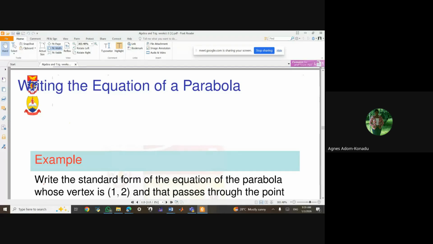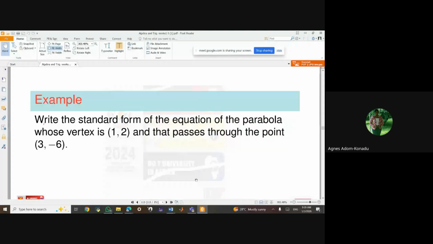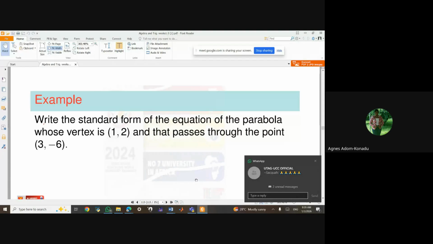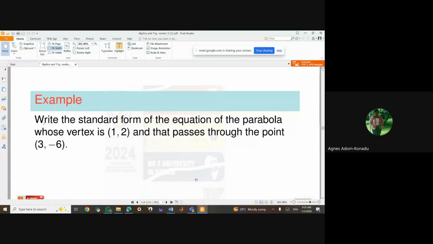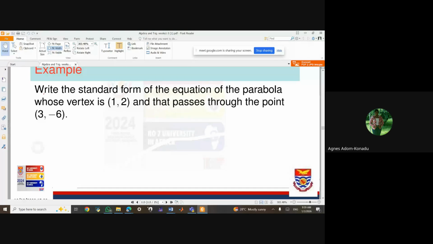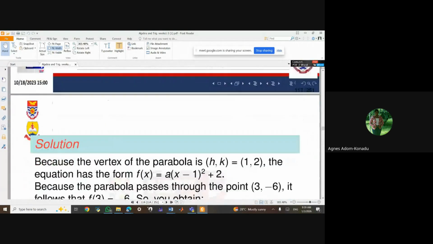Okay, so we are continuing with writing the equation of a parabola. Still on the quadratic curve, it says to write the standard form of the equation of a parabola whose vertex is (1, 2) and that passes through the point (3, -6). So we know our p and q.